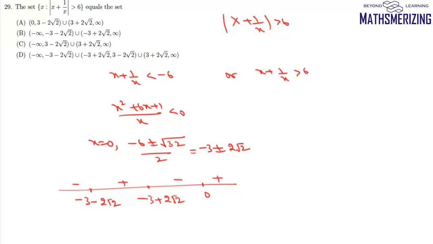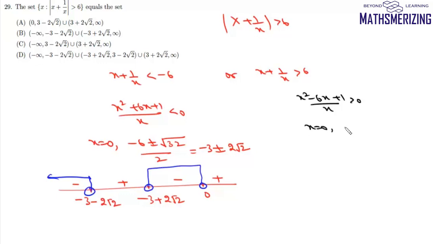So it is either less than minus 3 minus 2 root 2 or it is between minus 3 plus 2 root 2 and 0. Now we'll solve this second case. Now for this second case, we'll get x square minus 6x plus 1 upon x, it is greater than 0.